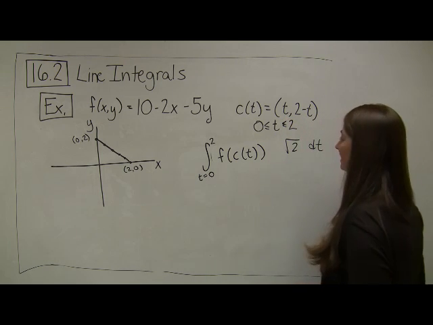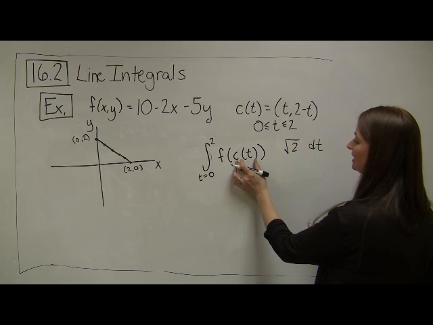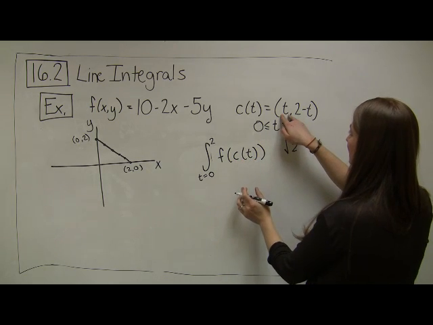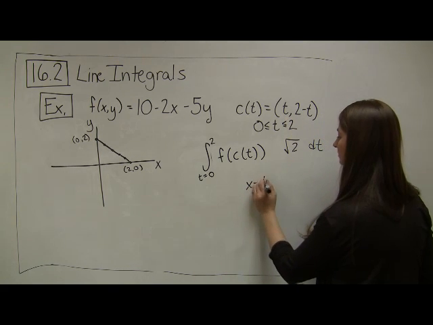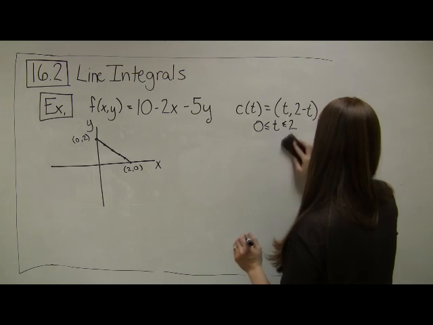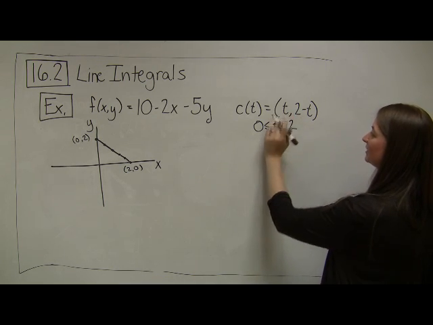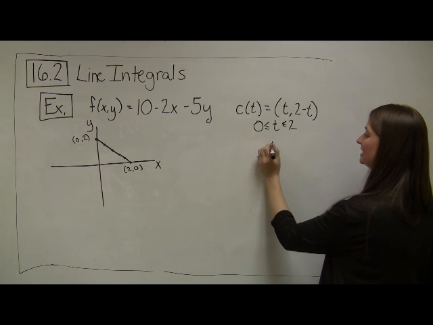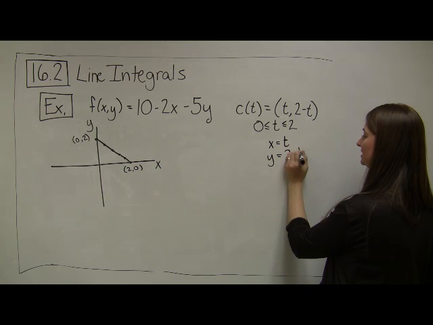So what does that look like? We already know that x is exactly equal to t. I'm looking at my path function, and in my path function I see that x was equal to t, and y was equal to 2 minus t.